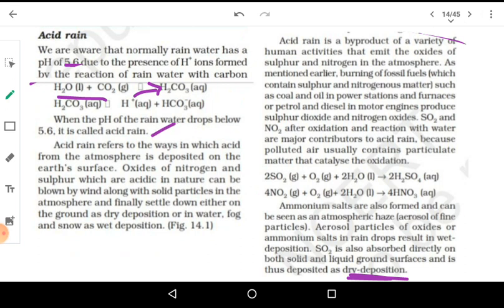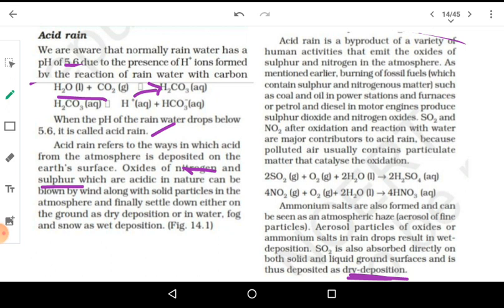Acid rain is basically the way in which acid from the atmosphere is deposited on the earth's surface. Oxides of nitrogen as well as sulfur are acidic in nature, and hence they can be blown by wind along with the solid particles in the atmosphere, and finally they can settle down on the ground.